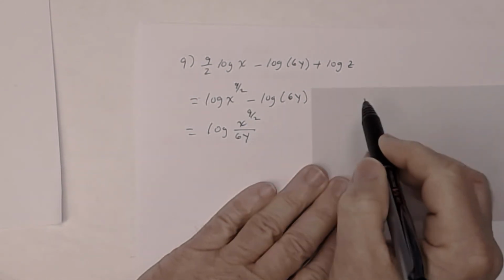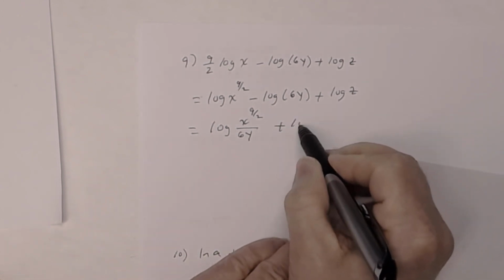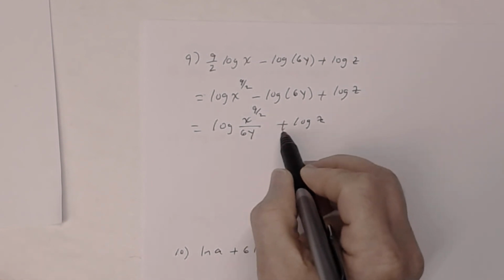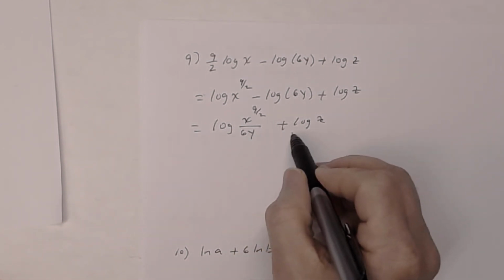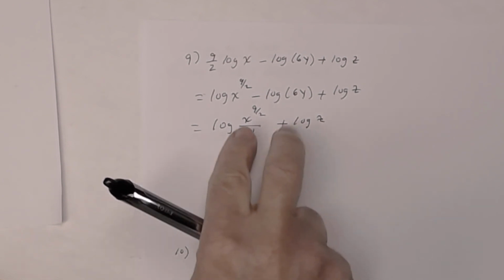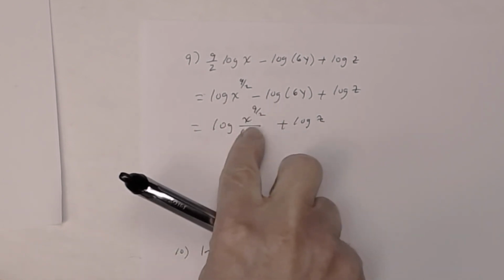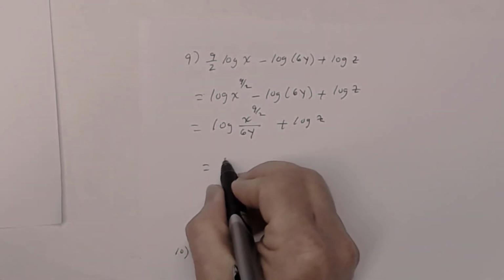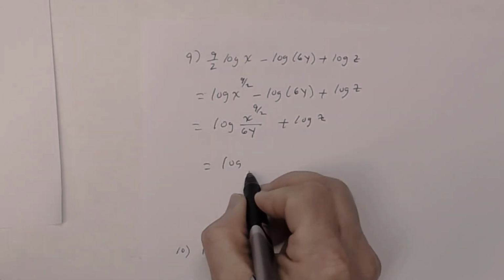All right, now let's rewrite this. Plus the log of z. Okay, now we're taking the sum of 2 logs now. So if I'm going to condense it, remember condensing means to write as a single logarithm. So we condense this as a single logarithm. Now we're going to condense this as a single logarithm. So that's going to be the log. Since that's a sum, that becomes a product.